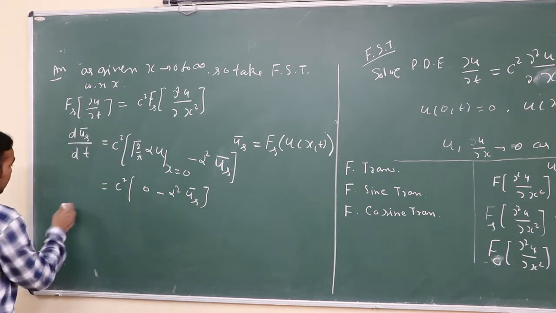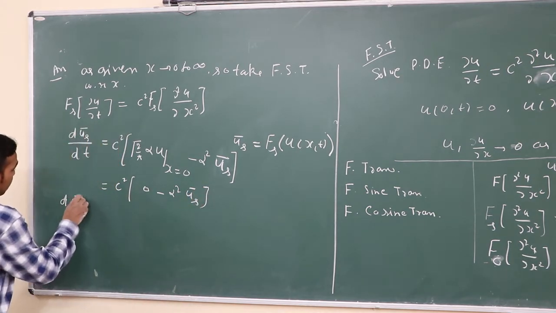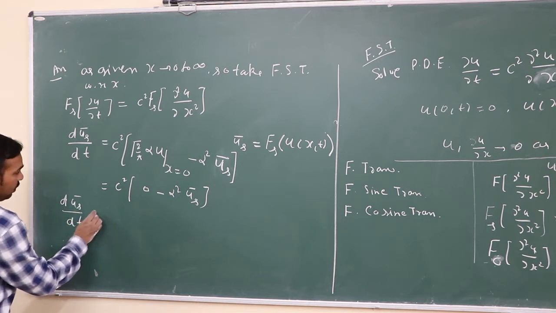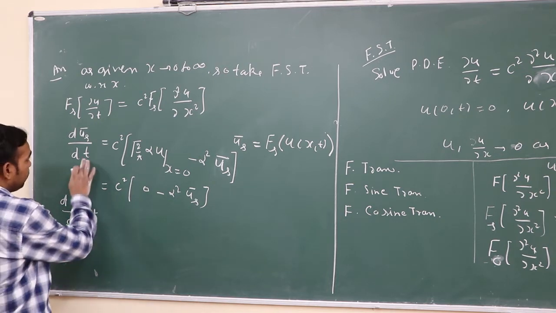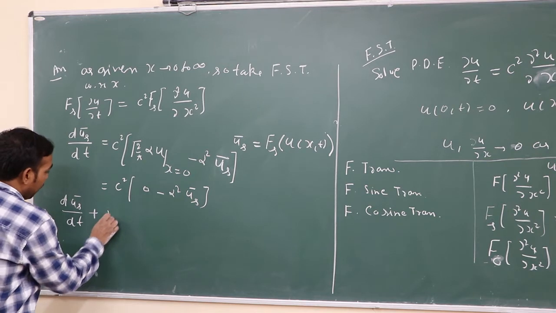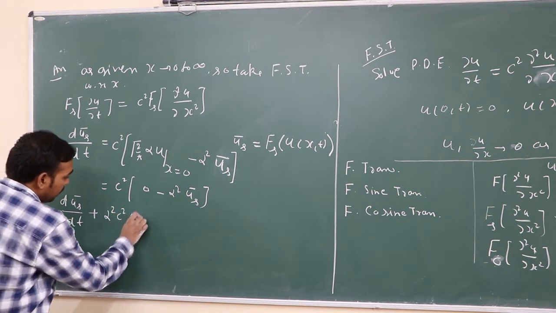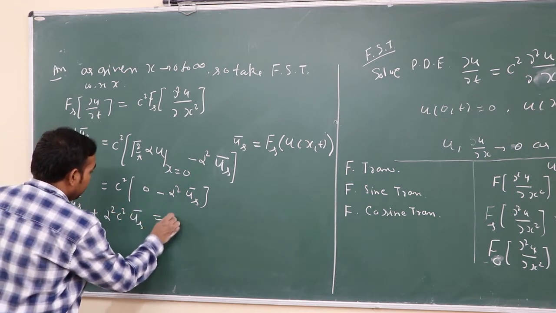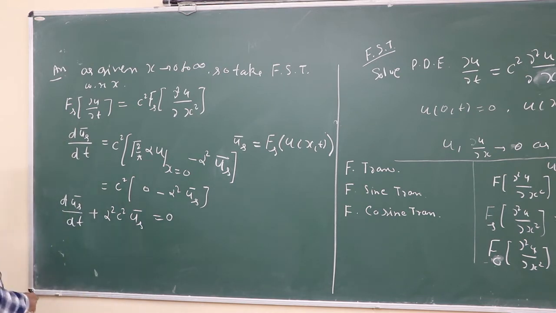So we can say that du_s bar/dt plus alpha square c square u_s bar equals 0, and this is the differential equation with constant coefficient.